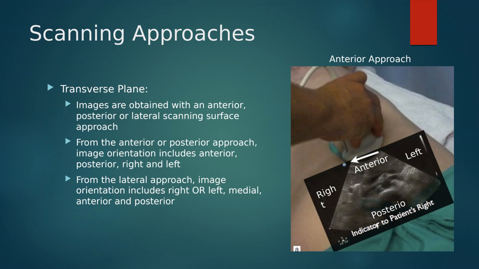Similar to sagittal, we're still thinking of this transducer as a flashlight. We're still getting anterior anatomy at the top of our imaging screen. As that flashlight travels into the body, we're going to get posterior information. So up here, we're going to have the patient's skin. We're going to be able to see what's going on with the patient's skin.